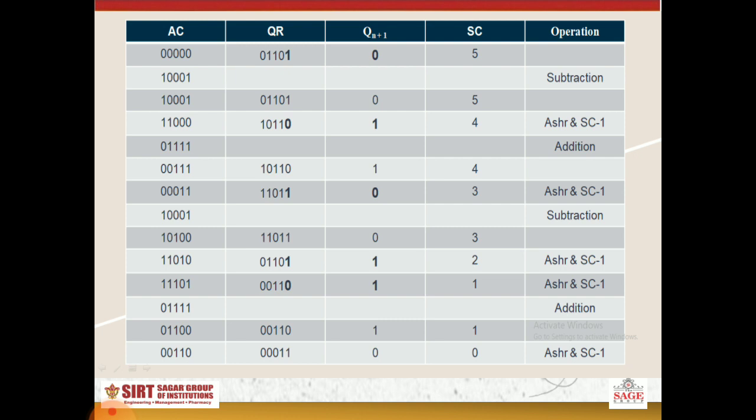So again check the values, and this time we got the values of Qn and Qn plus 1 as 0, 1. That means we add the value of BR in AC. Now the value of BR is 0, 1, 1, 1, 1. This value is going to be added in AC.